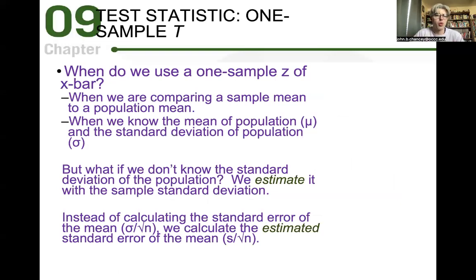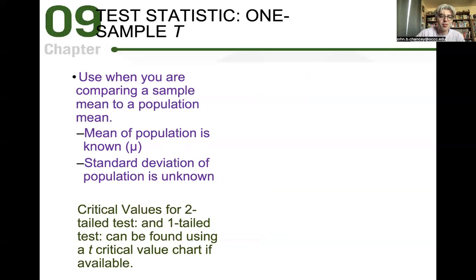So this is just a quick refresher. When do we use the z of x bar? When we know our sample mean, and when we know the population mean and standard deviation. If we don't know those things, we have to generate estimates, and when we use those estimates we use a t-test, or a one-sample t-test.